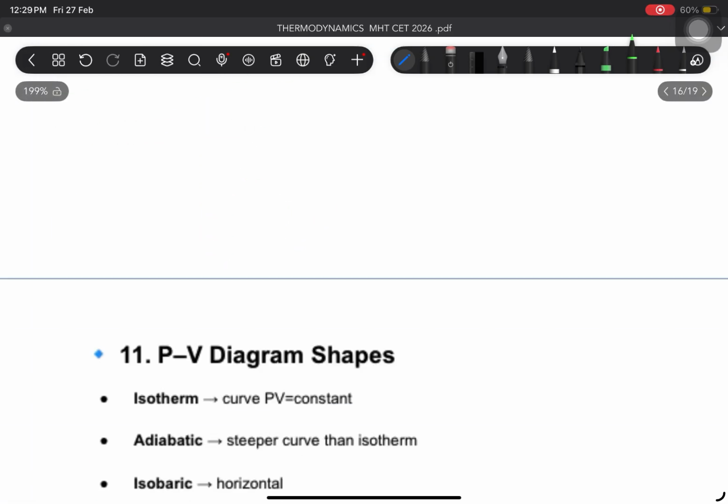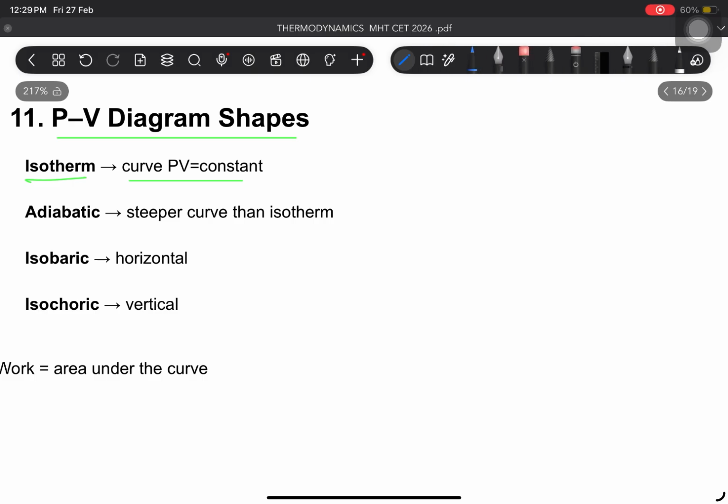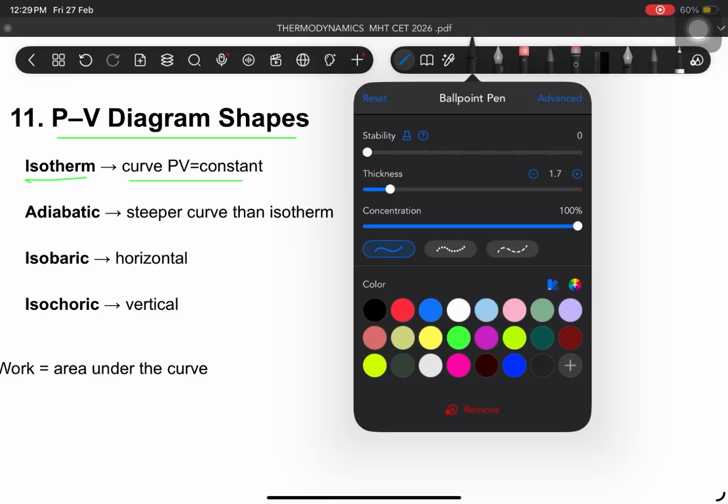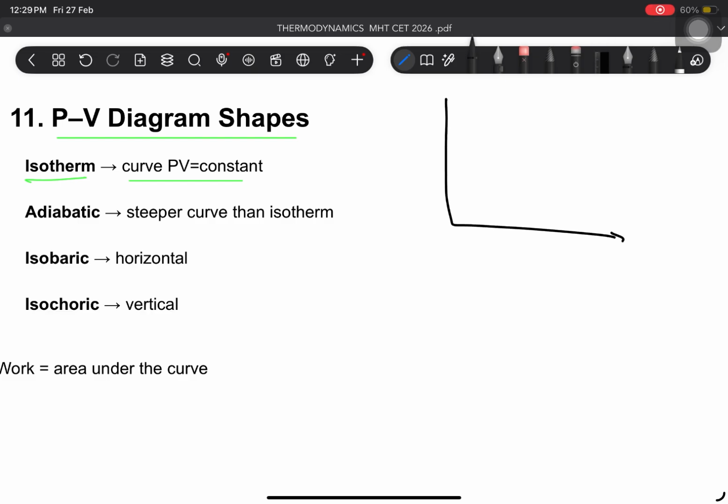Now, PV diagram graphs. Isothermal curve: PV equals constant.